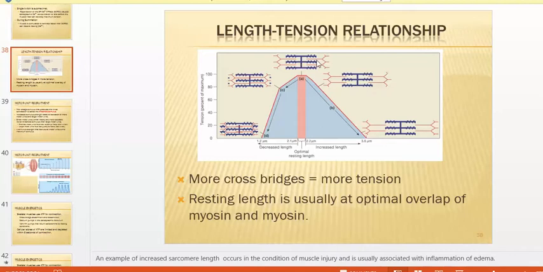And over here you're getting the best amount of cross bridging, and the actin are at a good distance from each other. Then here you're getting too much cross bridging, but they're too close together. And here they're way too close together, even though you're able to get a lot of cross bridging.